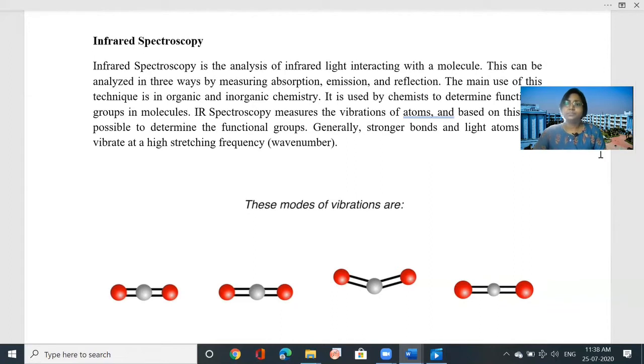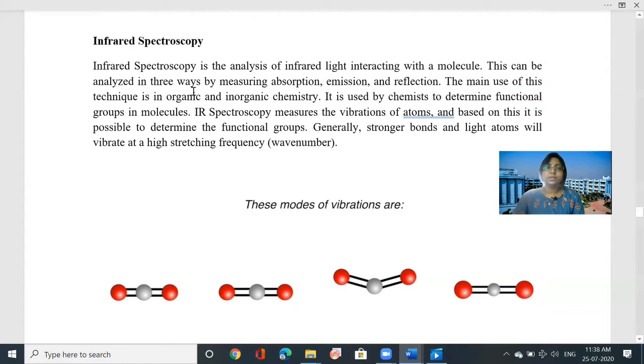So infrared spectroscopy is the analysis of infrared light interacting with a molecule. As I told you, spectroscopy is basically the interaction of electromagnetic radiation with the molecule.